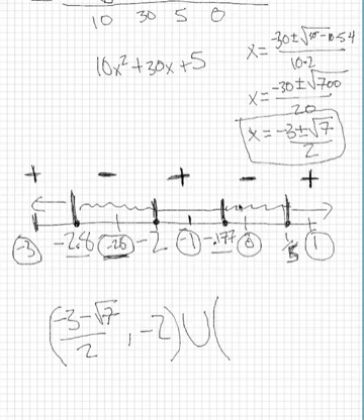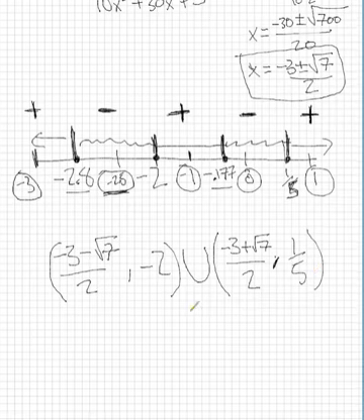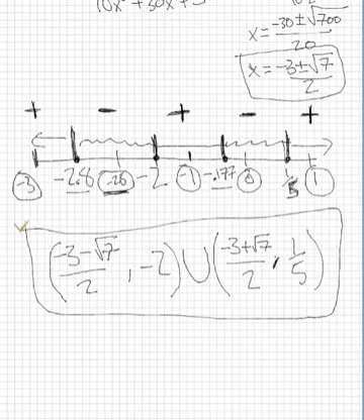And then the next interval is the positive one of this, so it's -3 plus √7 all over 2 to 1/5. And that's where it's negative also. So this polynomial is negative on these 2 intervals and only these 2 intervals.